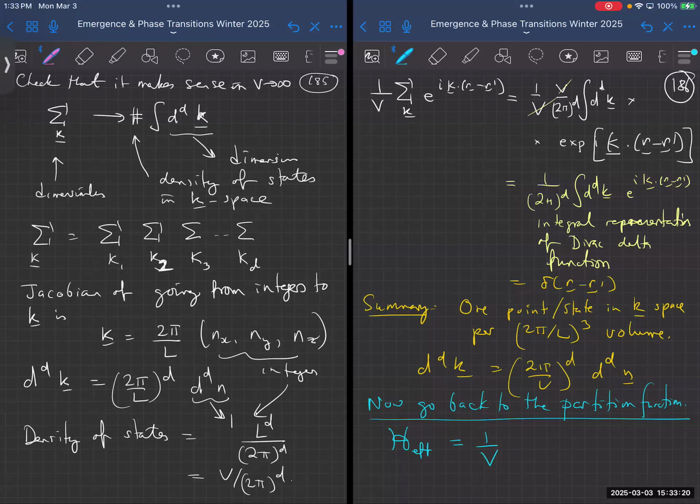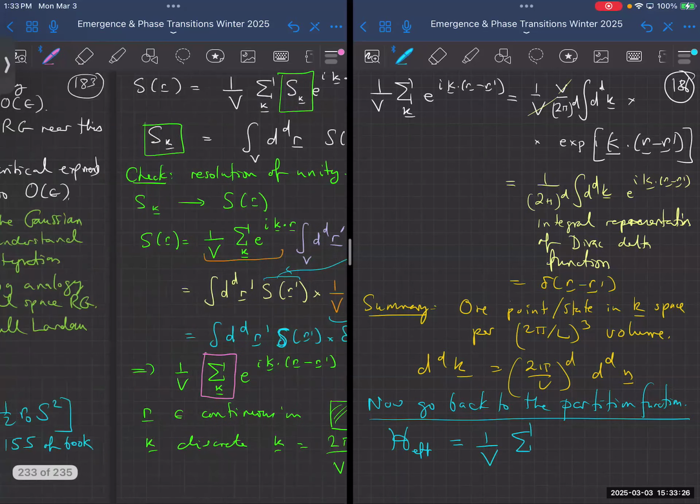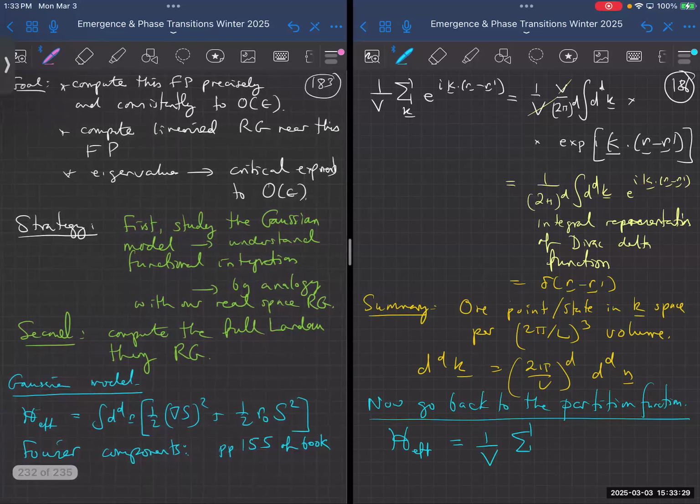But now I'm going to write the effective Hamiltonian in k space. So we saw back here on the bottom of the page, here is our effective Hamiltonian in the Gaussian model. We're throwing away the quartic terms because we think we're above 4 dimensions, so we don't need them, they go to 0. And I've written that Hamiltonian in k space.